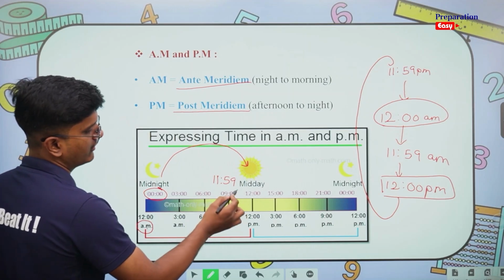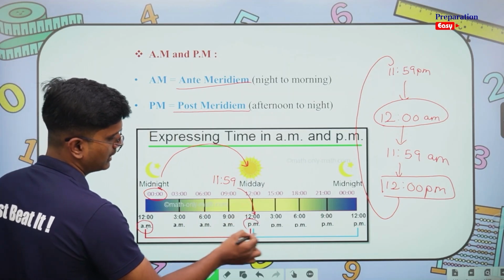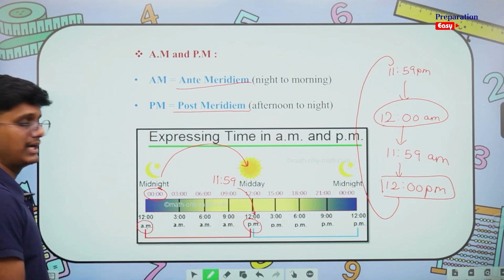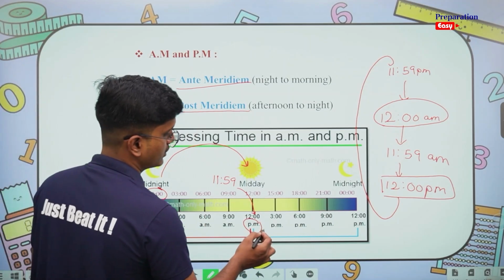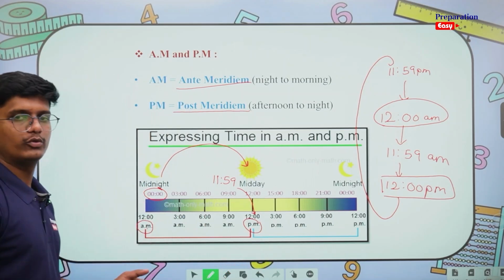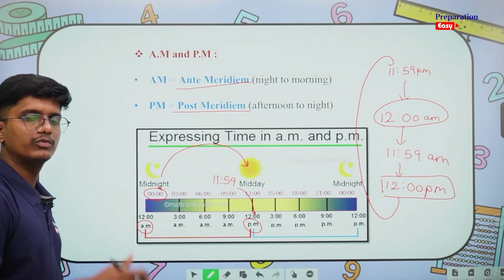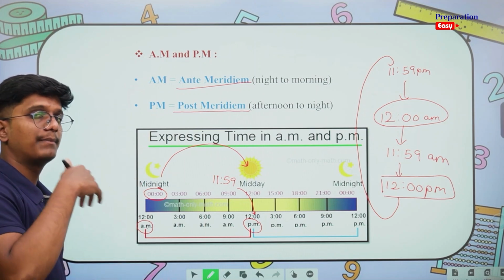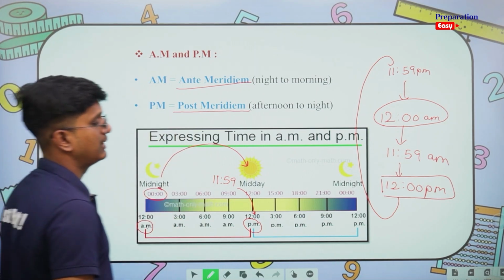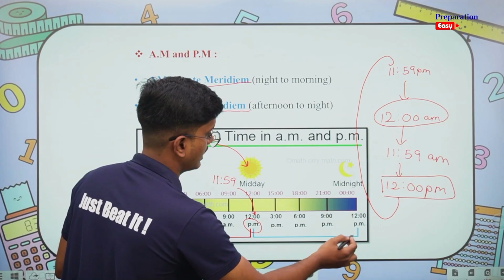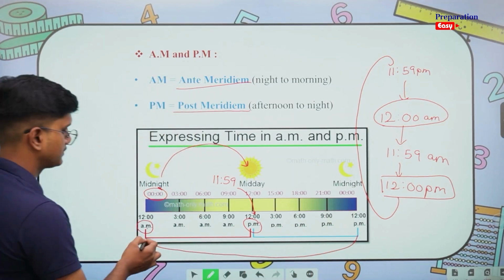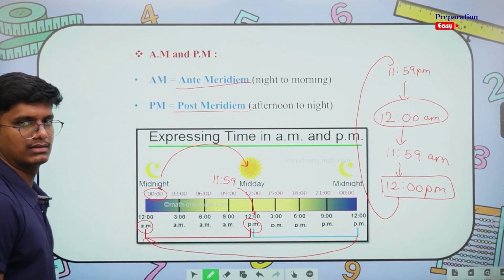Exactly after 11:59 we will have 12 PM, which is post-meridian. From afternoon 12 PM it's 1 PM, 2 PM, 3 PM, 4 PM, up till 11:59 PM and after that we will come back to AM, right?